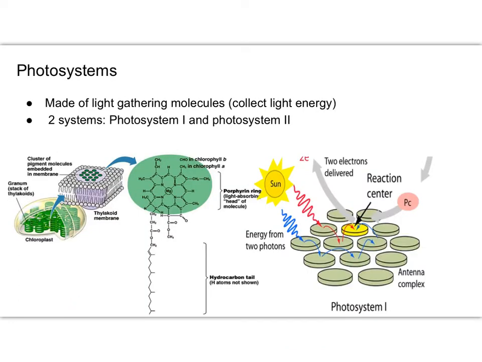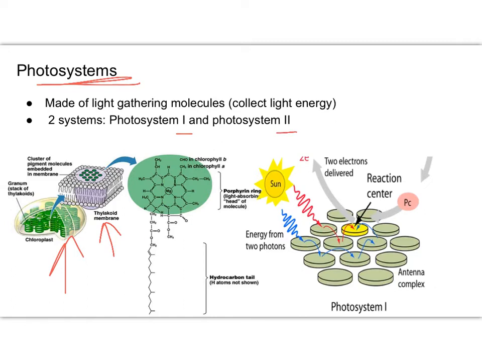So let's look at how that happens. So embedded within the thylakoid membrane again, so you can see your diagram here of your chloroplast, zoomed in on a thylakoid membrane. So we've got these clusters of pigments. And within those, you're going to find what are called photosystems. And there are two photosystems, photosystem 1 and photosystem 2.